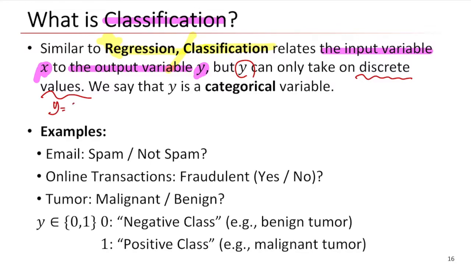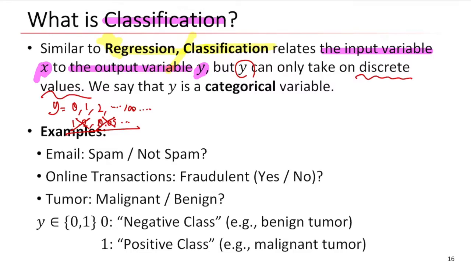A discrete value is something like 0, 1, 2, 100. We cannot use 1.2 or 0.05, because they are not discrete values. Okay?